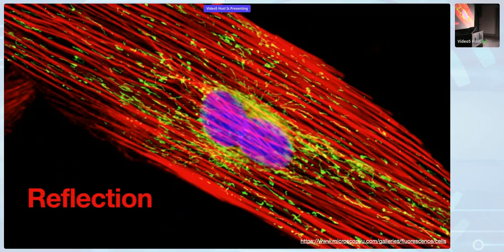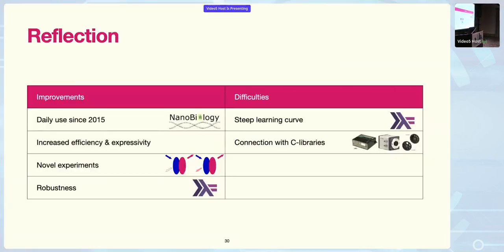All right, so to reflect, this DSL has been used daily in the Nanobiology Lab of KU Leuven since 2015. And it not only increased the operator efficiency, but it also allowed an increased expressivity of experiments. And this is evidenced by novel experiments like the FRET measurements in the lab.